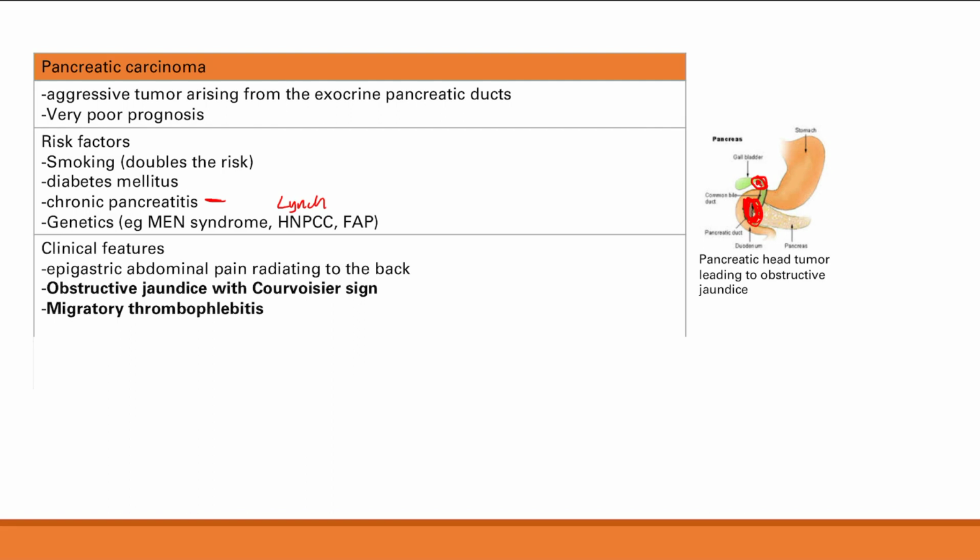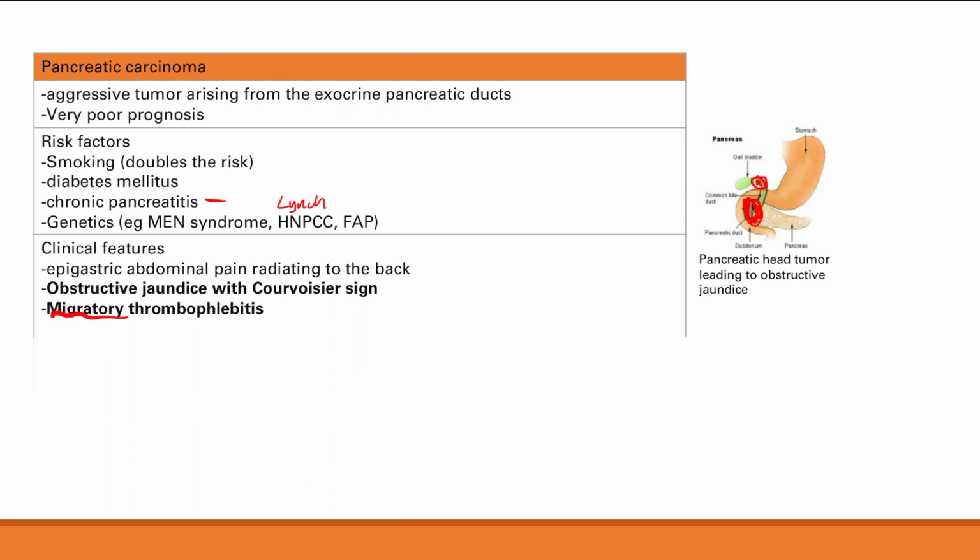Finally, you can have migratory thrombophlebitis. This is recurring thrombophlebitis. Thrombophlebitis means inflammation of a superficial vein due to blood clots. Remember, cancer is a very hypercoagulable state, so you get these mini blood clots in these superficial veins, and it's going to cause inflammation, and it's going to be recurring and in different locations, hence the migratory.